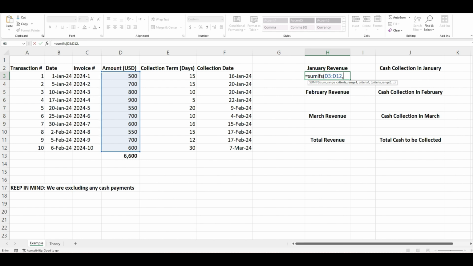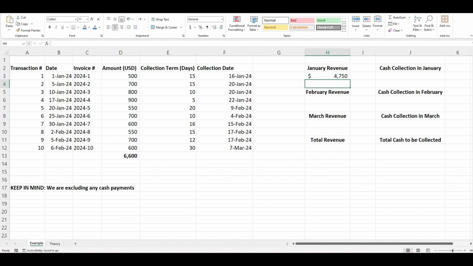So this is the first. When it comes to revenue, we look at the transaction date, and the condition would be this has to be more than or equal to January 1st, 2024, and then I set the second criteria for the same transaction date, and that would be less than or equal to January 31, 2024.